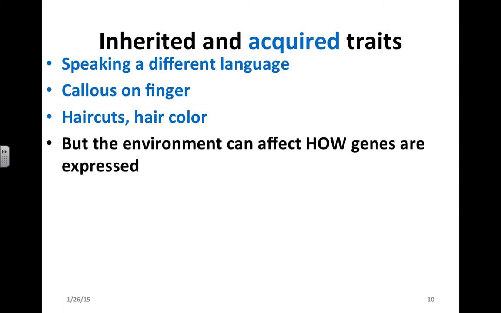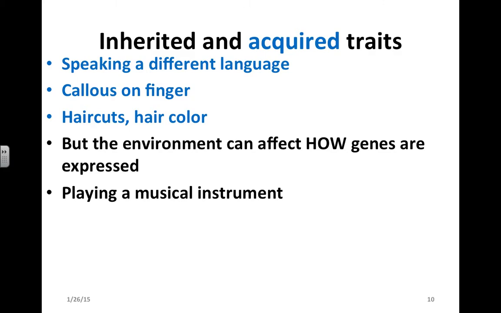But the environment can affect how genes are expressed. Okay? Here's an example. Playing a musical instrument. So there is a gene for being musically talented. We see a lot of famous composers and musicians throughout the years that had famous parents. And so there's no doubt that there could be some genetic inheritance of a music gene.